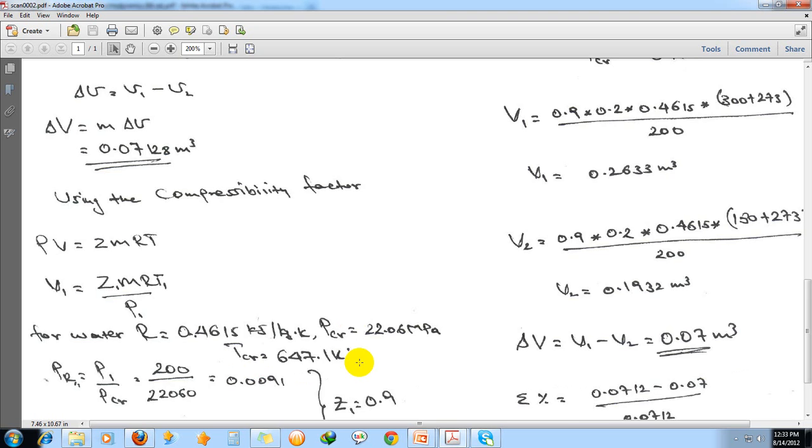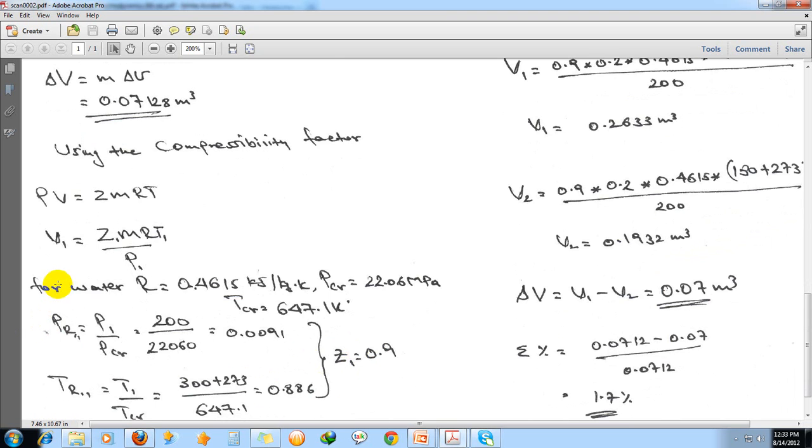So you can take these values, P critical and T critical. Now we are trying to read the value of Z. To read the value of Z, we need these two values, PR and TR. PR is the given pressure over P critical.